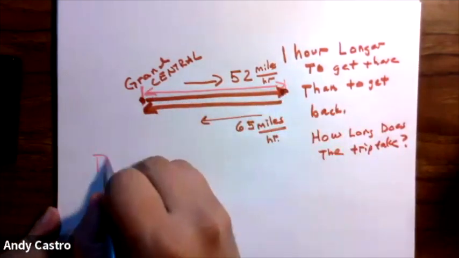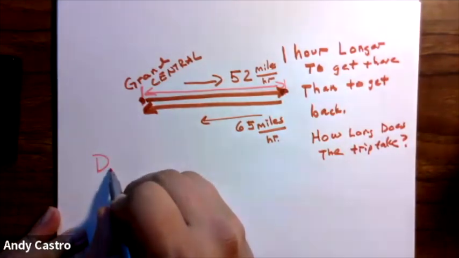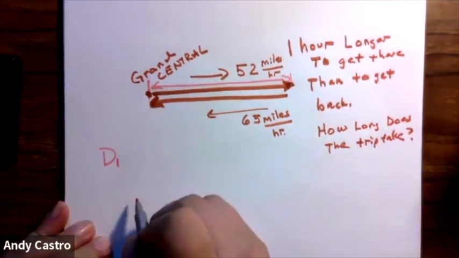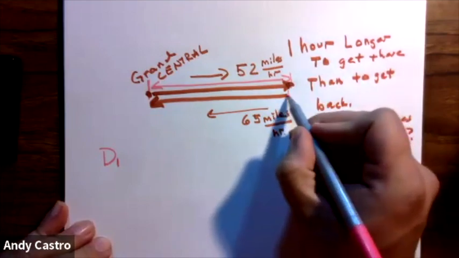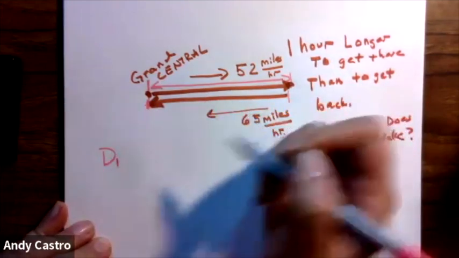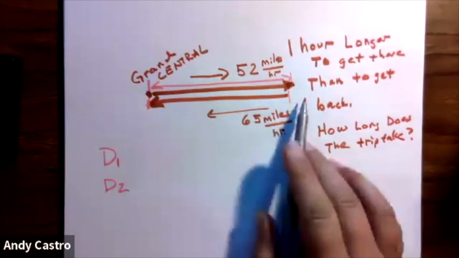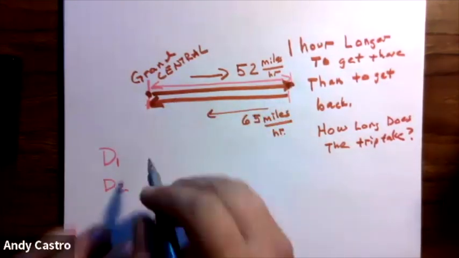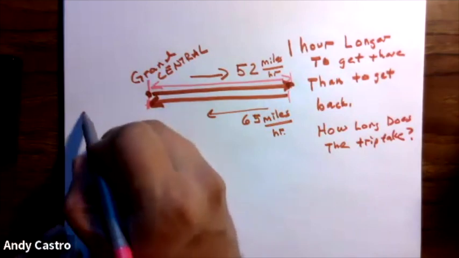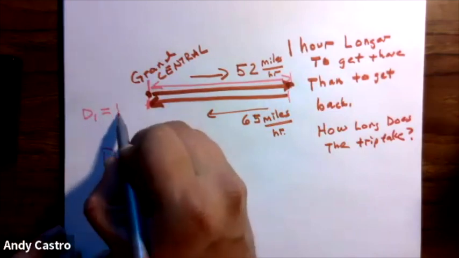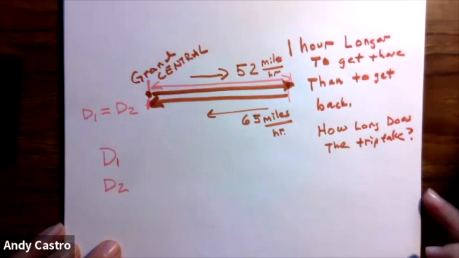We're going to call that distance number 1. The way back, we're going to call that distance number 2. Now, since it's out and back, we can say that distance 1 is the same as distance 2.